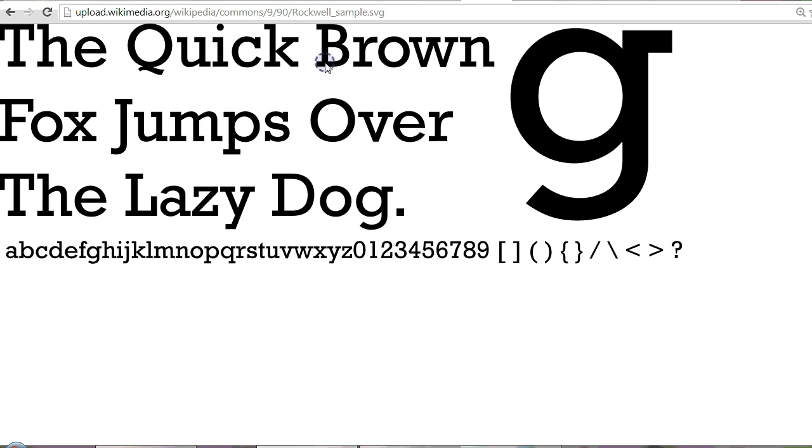They may also be fixed width fonts and typefaces, which means that each letter takes up the exact same space. So an I would take up the same amount of space as an M. But that's not in every case. As you can see here, this is a proportional font. So that's just a quick overview of serif fonts.